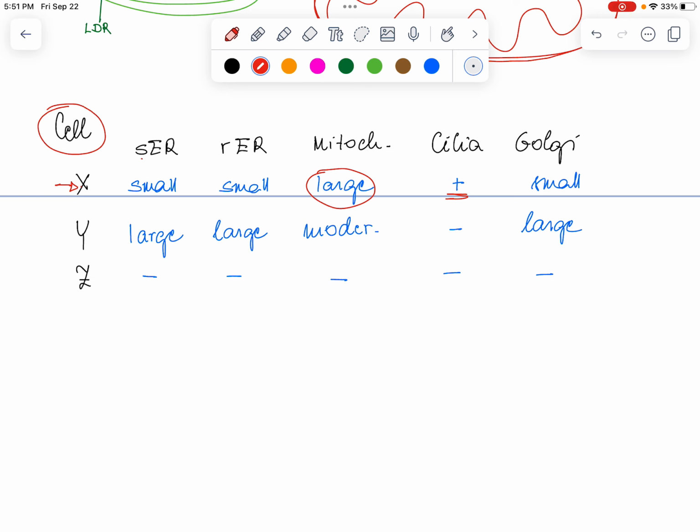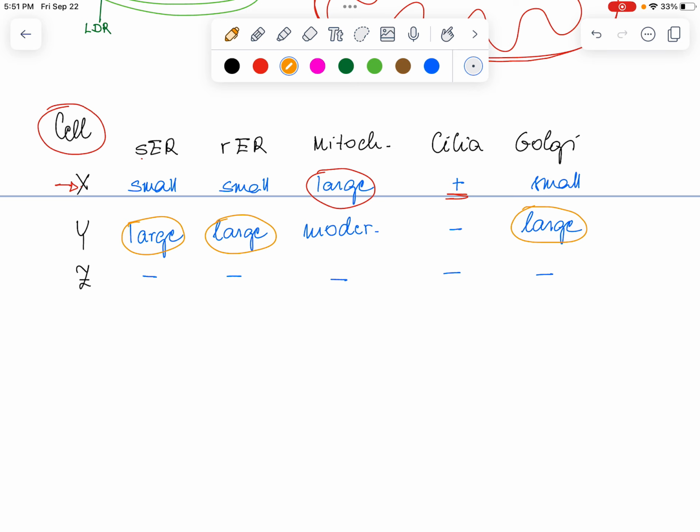The cell Y, on the other hand, has a large amount of smooth endoplasmic reticulum, rough endoplasmic reticulum, and Golgi apparatus. That means it probably exports protein or deals with lipid synthesis or detoxification on its way.